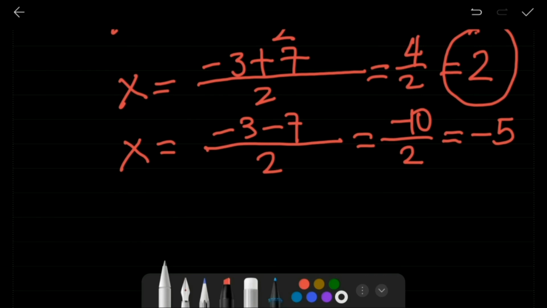The second question is asking for the length of the wall. So the length of the wall is 2x plus 6.